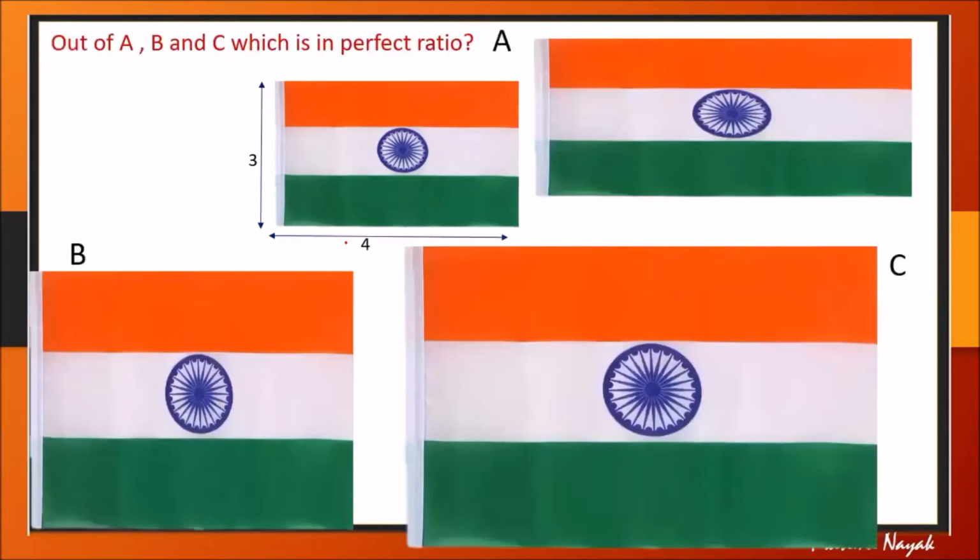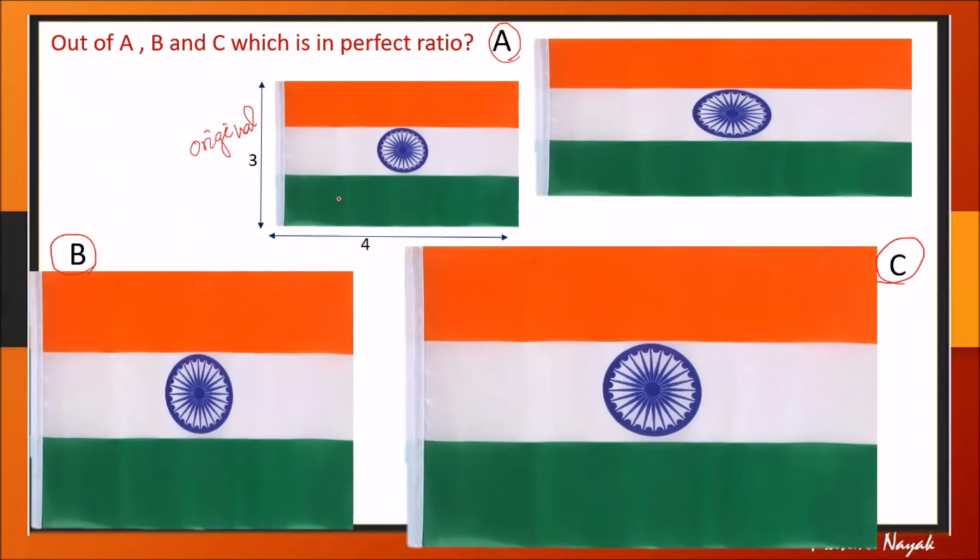Now here I am showing this is the original flag, which is in ratio 4:3, and I have taken one flag A, one flag B, and one flag C, the bigger one. Now my question is, which one will you prefer with the same dimension?